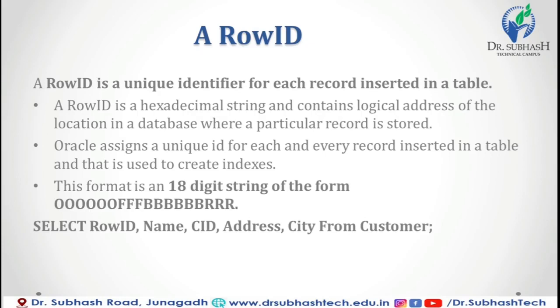This is the format of the row ID. If I want to show the row ID, then I can select row ID, name, city, address from the customer table. How we can access a row ID in Oracle, we will see in our next video.